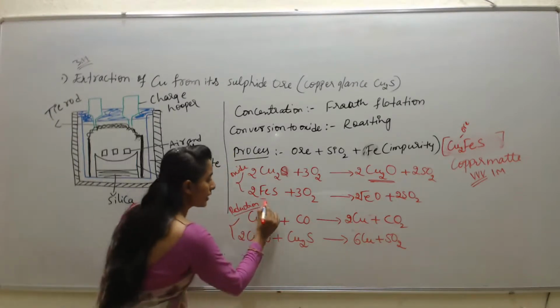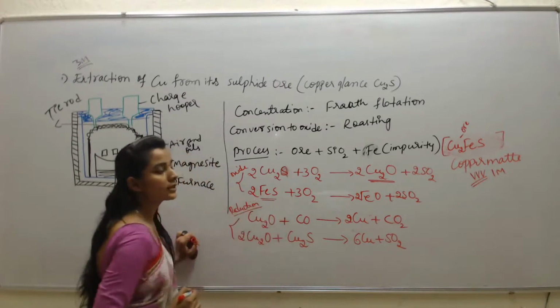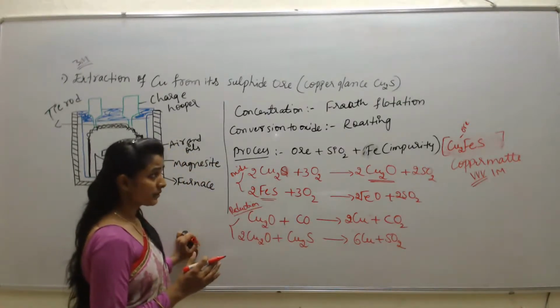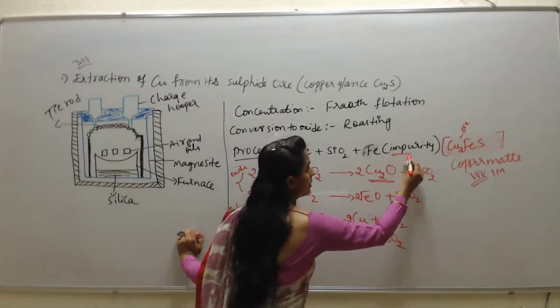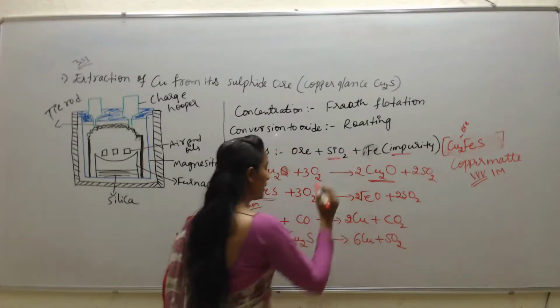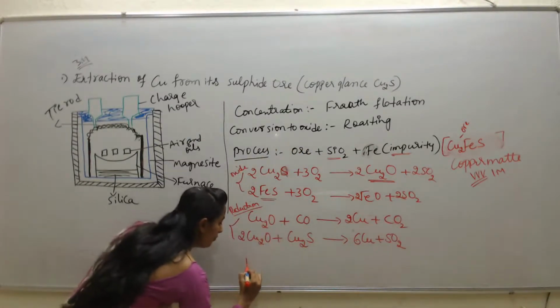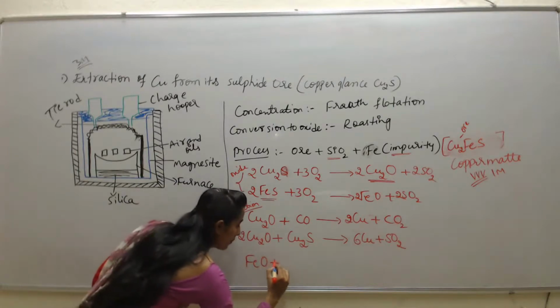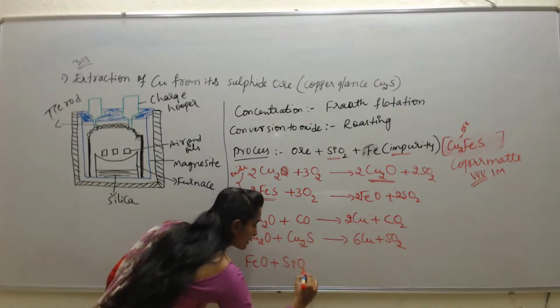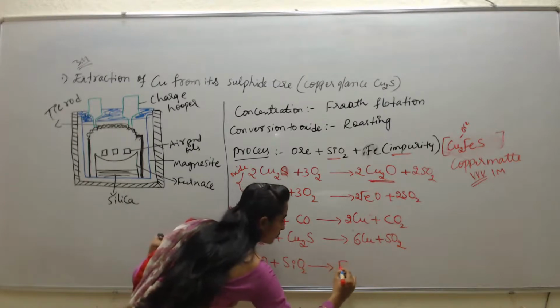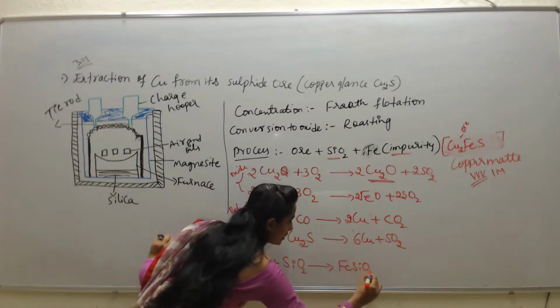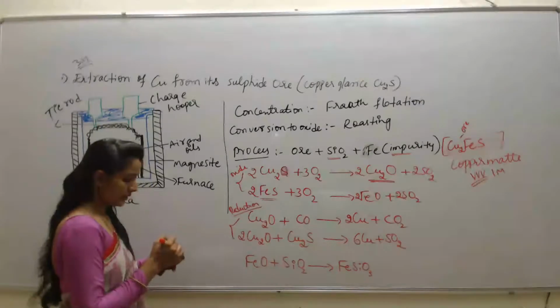I told you iron is present. Iron is considered an impurity here. Okay, here silica is added. That means the FeO formed combines with SiO2 and gives rise to FeSiO3, that is iron silicate.